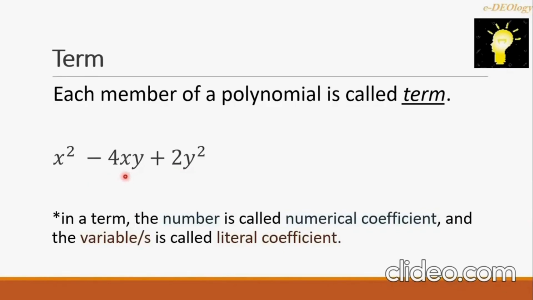The literal coefficient is xy. In the first term, the literal coefficient is x squared. There is no number here. For a term without any number, it is understood to have a numerical coefficient of 1. So the numerical coefficient is 1 for the first term.